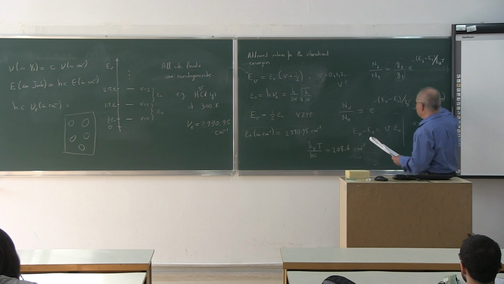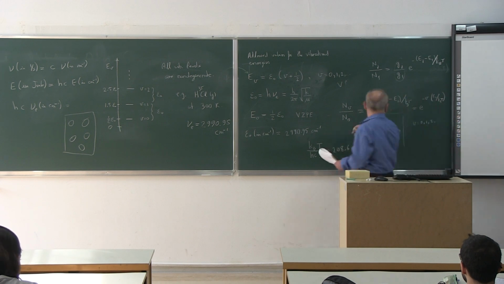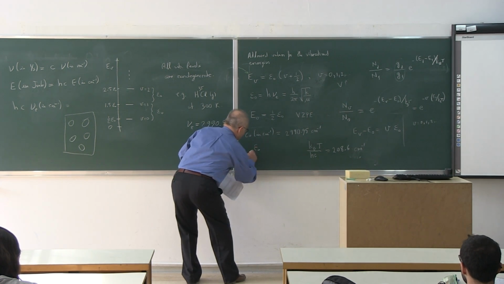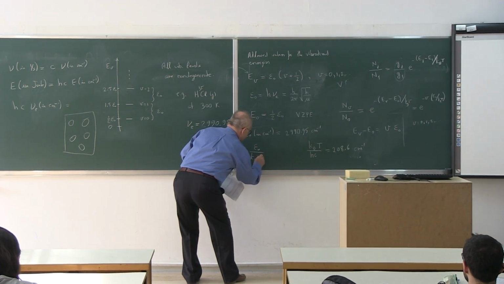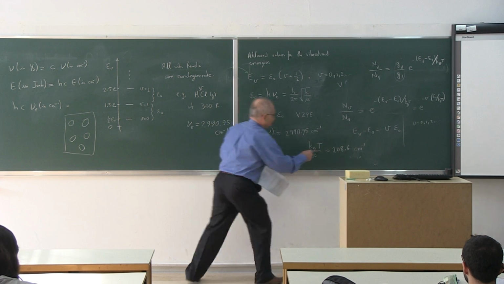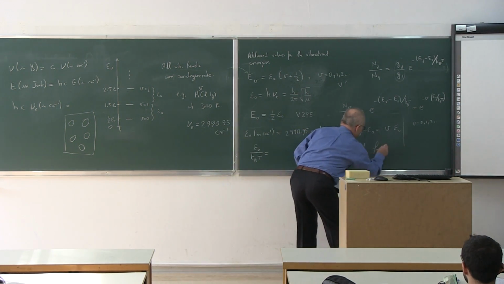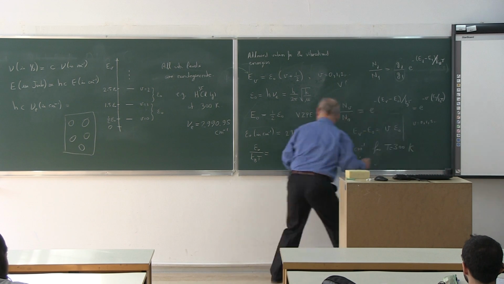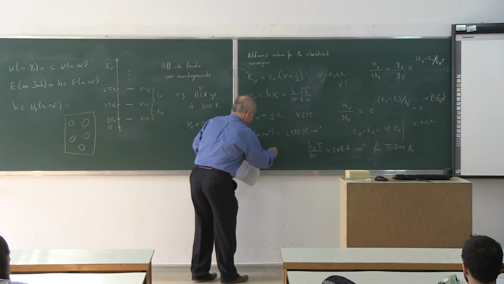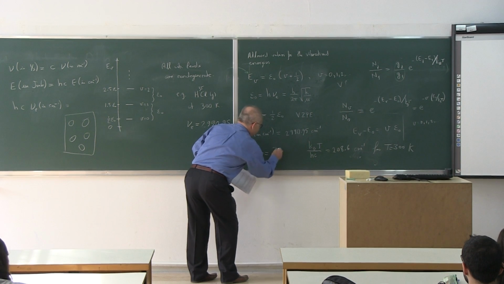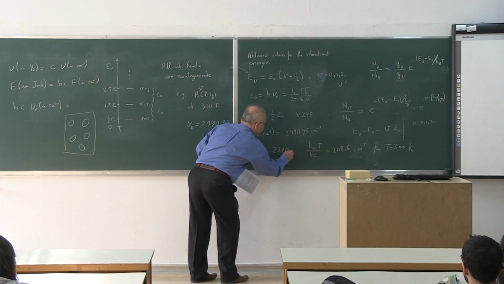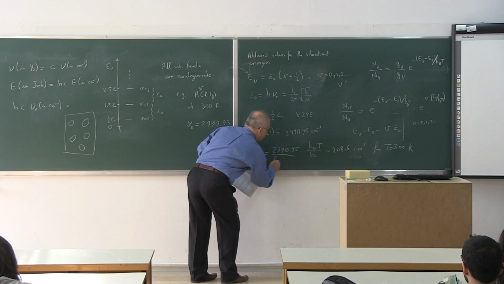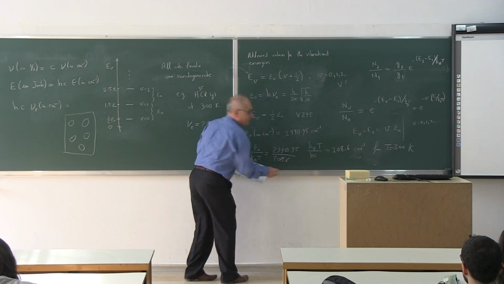Now, this quantity, F0 over KT, this is for T equals 300. This is 29995 divided by 208.6.